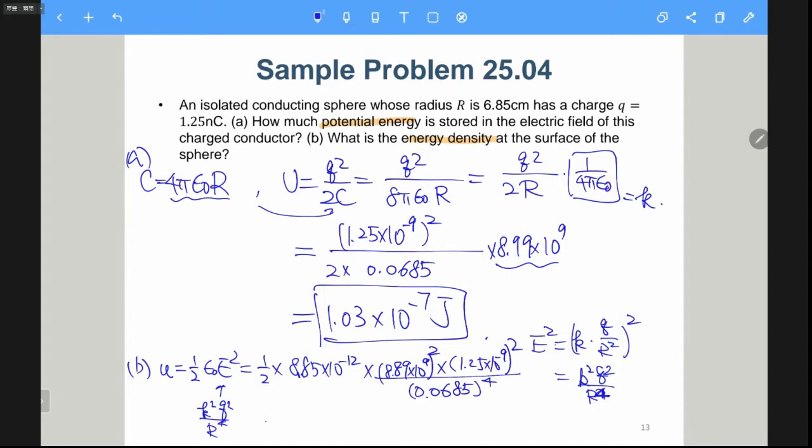And it will be 25.4 times 10 to the minus 6 joule per meter cube, or you could write it as 25.4 microjoule per meter cube. So it will be easy.